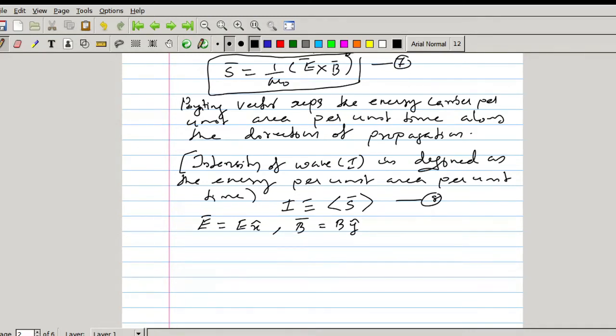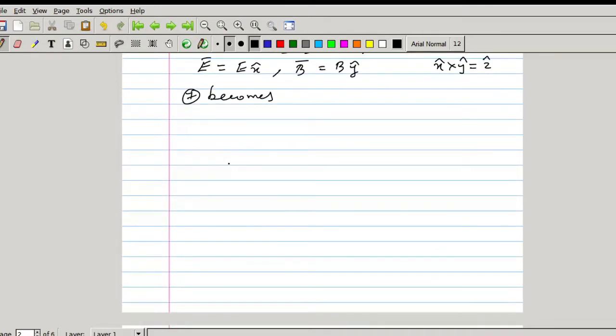When you substitute E cross B, E and B are magnitudes, then x cross y will be z. So equation 7 becomes vector S is equal to 1 by mu 0 into EB z cap.